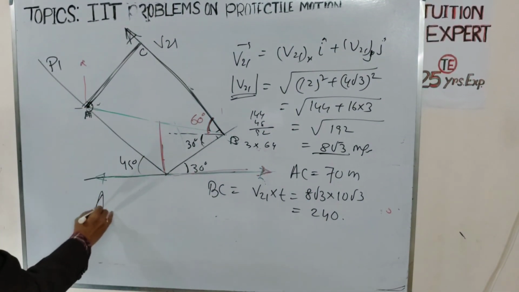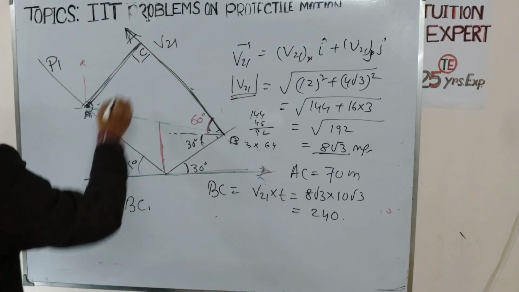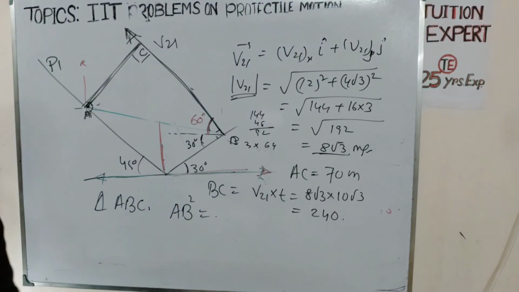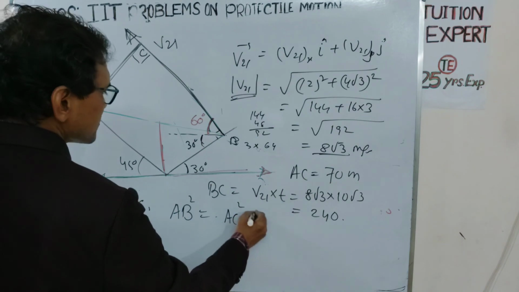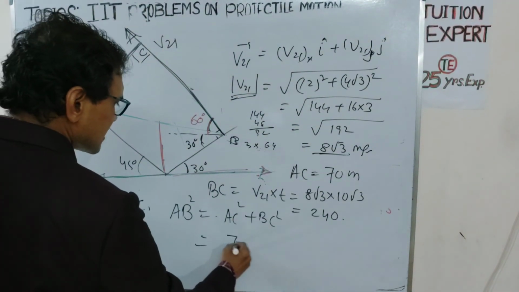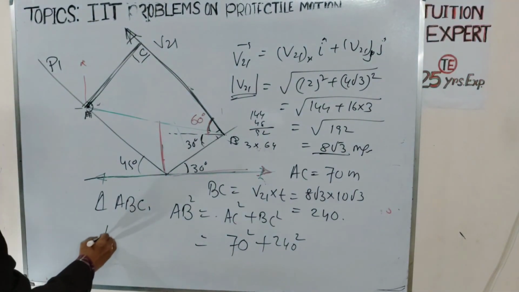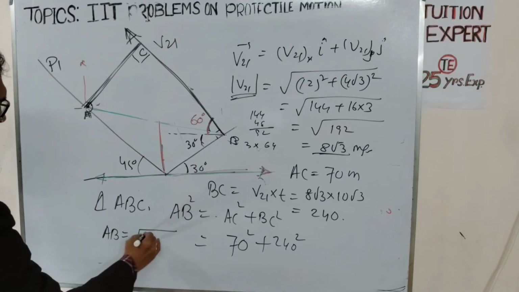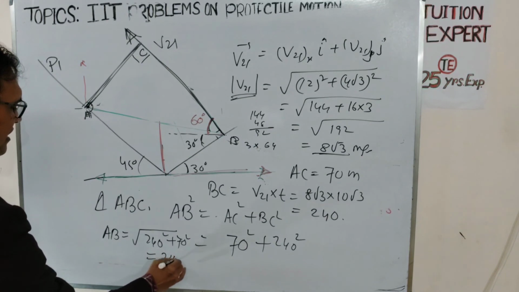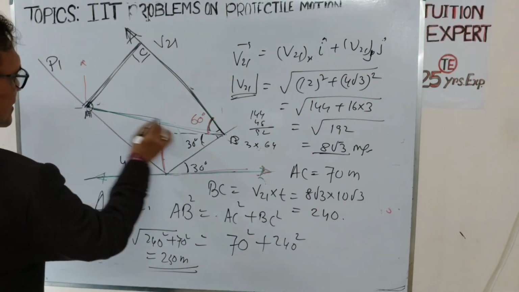Triangle ABC is a right angle triangle, so by Pythagoras theorem, AB square equals AC square plus BC square. AC is 70, BC is 240, so AB is 250. This is the answer.